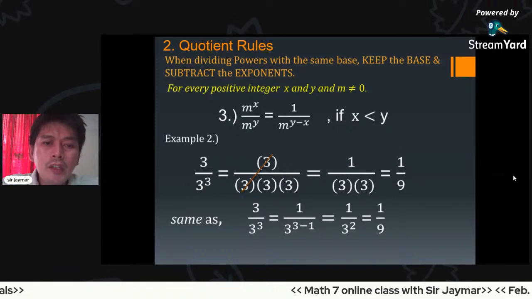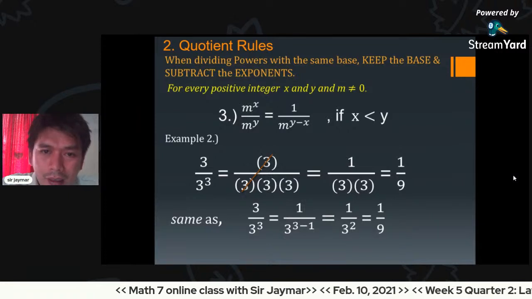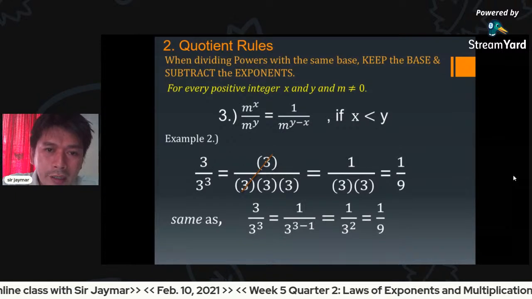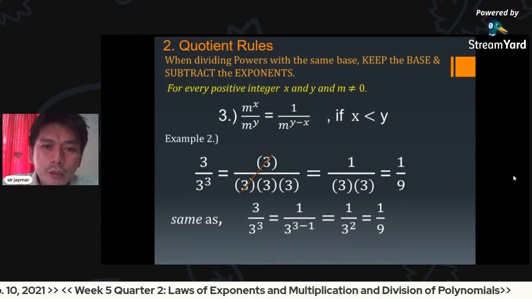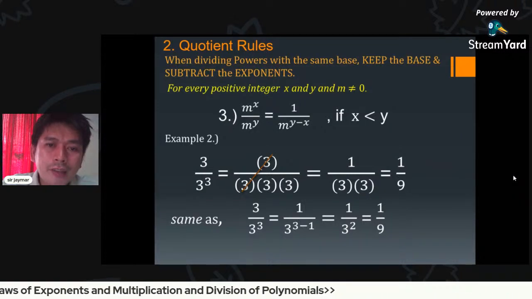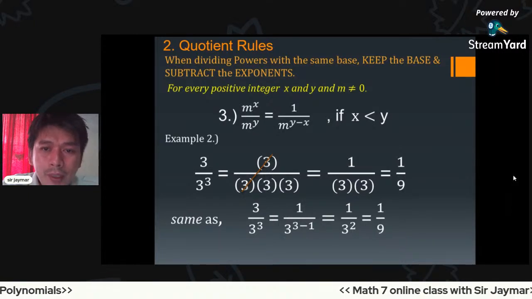So in the numerator, no number will remain, so you are going to write 1 because 1 times 3 is 3. So if you cancel 3, there will always be a number 1 remaining in the numerator. So 1 divided by 3 times 3 will become 1 over 9.